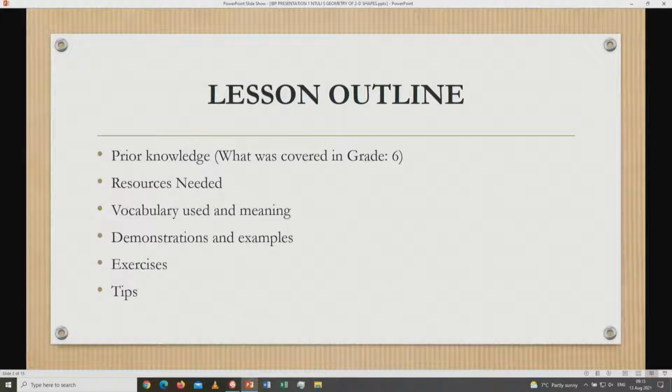So there will be those tips there for you guys to check. What is it that you must look for? What is it that you must pay careful consideration to? And how to then be able to execute it and do the activities and the questions in the tests, in the exams, or even in real life. How can you approach a certain situation where you can use your knowledge of two-dimensional shapes?